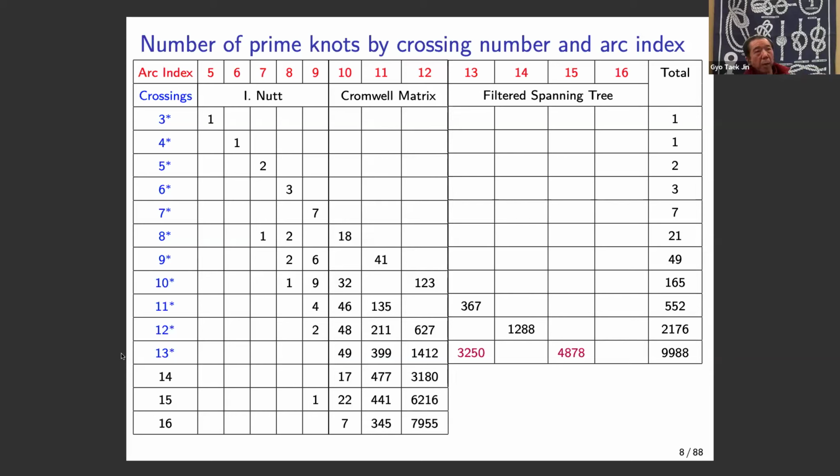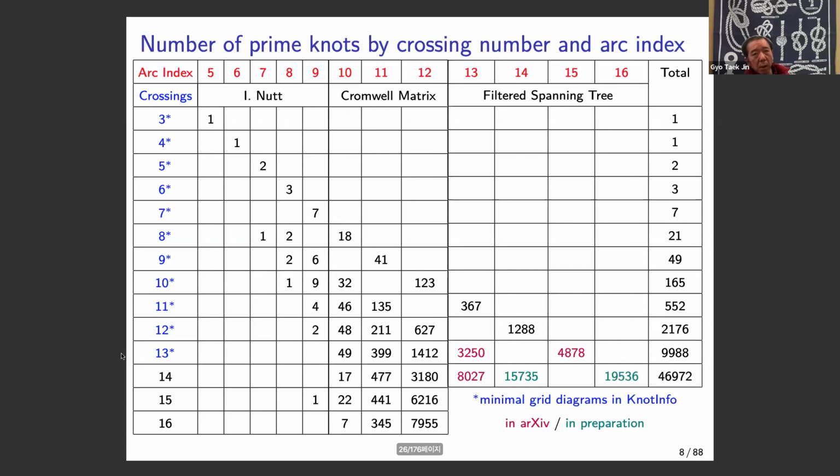And for prime knots of crossing number 3 up to 13, the minimal grid diagrams appear in full, so you can get the grid diagram and also the minimal arc index.